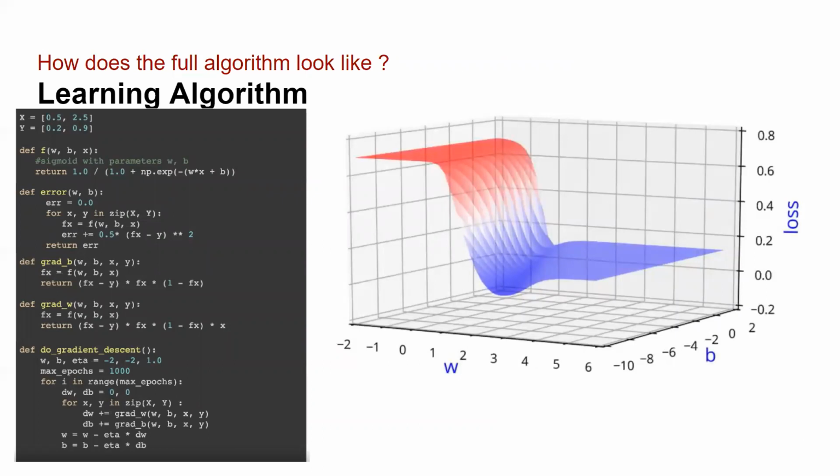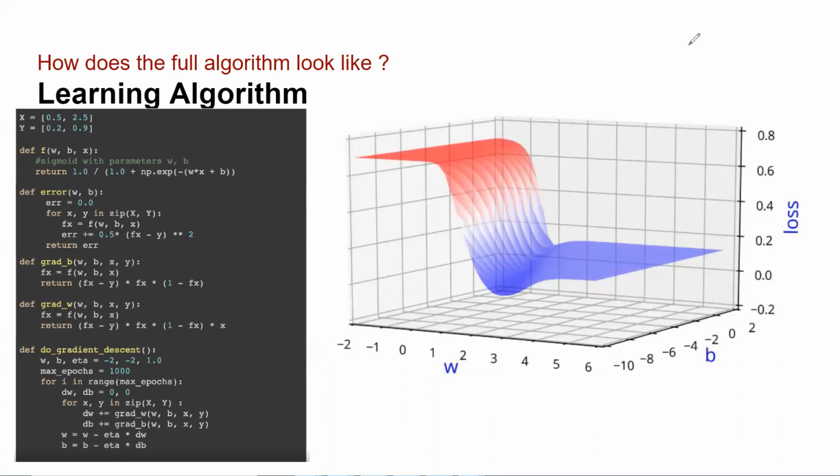So here I am taking one example. I have a data which has two records, X1 and X2, Y1 and Y2. If I have to represent this in tabular form, I can write it like this.